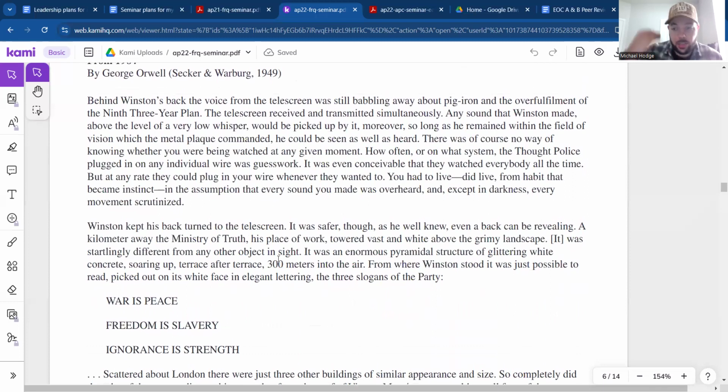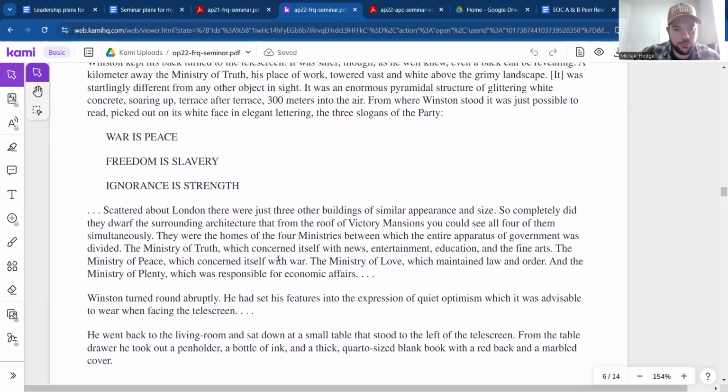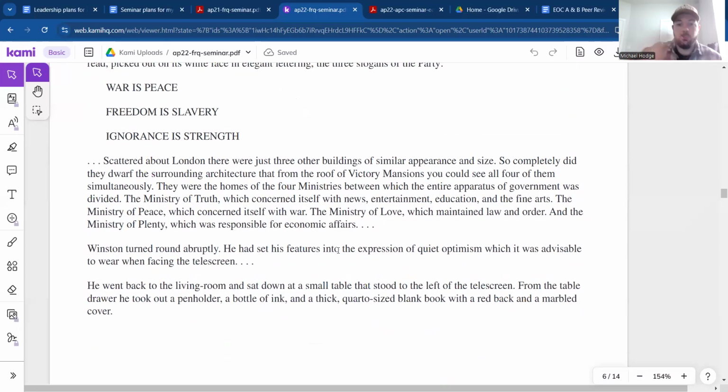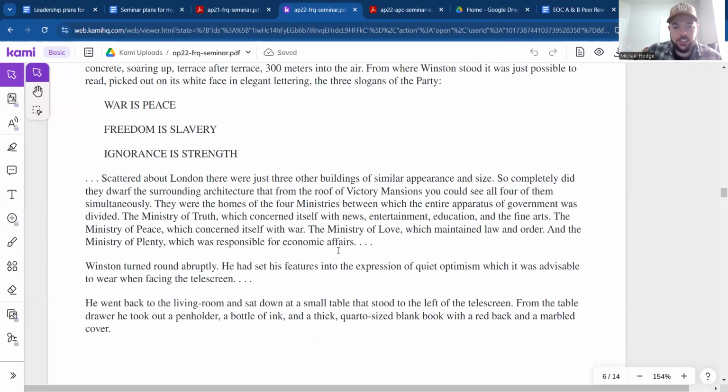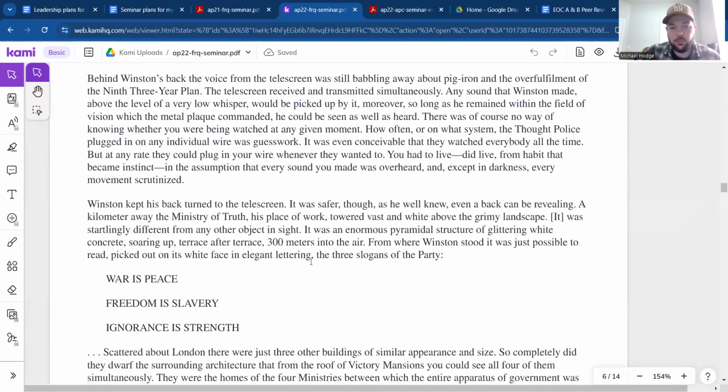Now, for me and my brain, I know what 1984 is, but looking at this, this is not for me, not for the time constraint, because it's dense, in my brain it is anyway. So I don't know that this is what I would use my time with. I might come back to it if I end up needing more evidence. But for me, I would probably take this out.